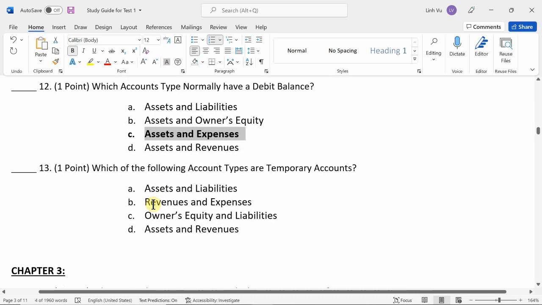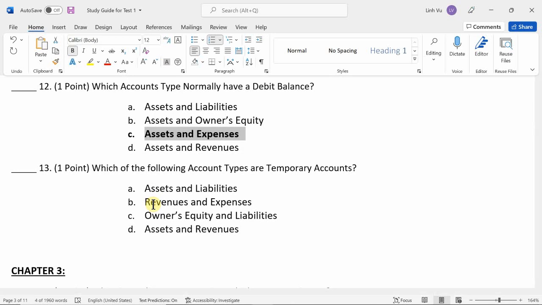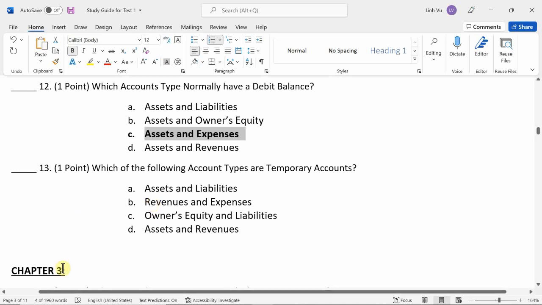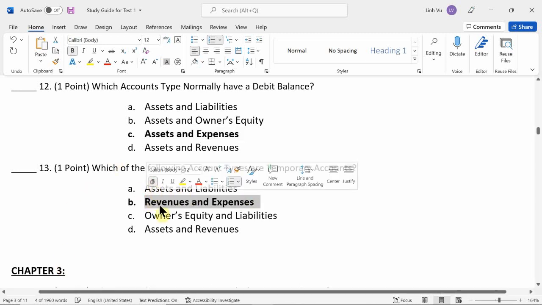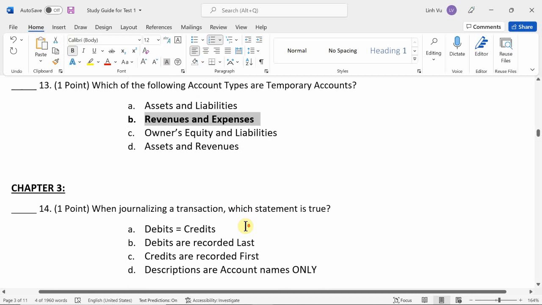Number 13, which of the following account types are temporary accounts? B, revenues and expenses. You can also get that from the review sheet because I label it right on top that the revenues and expenses are your temporary accounts.